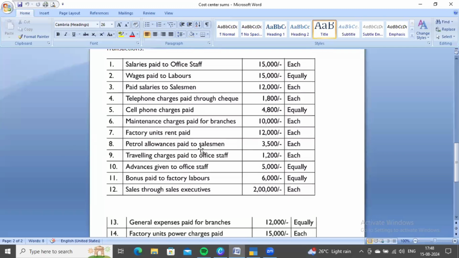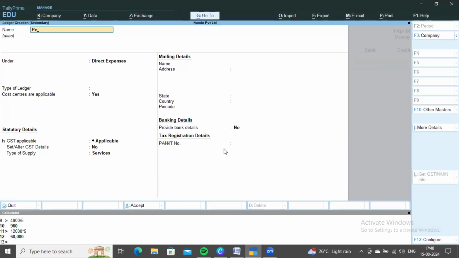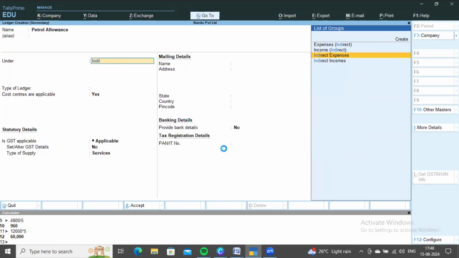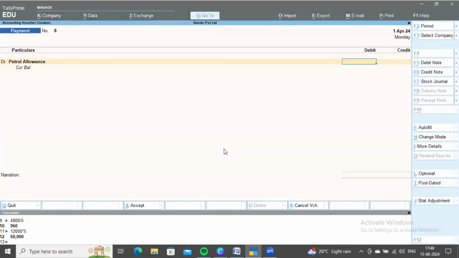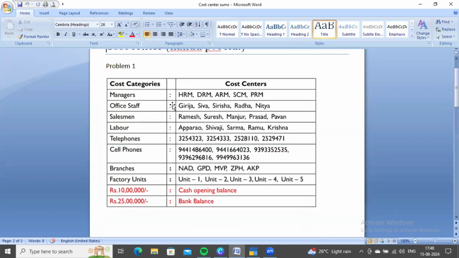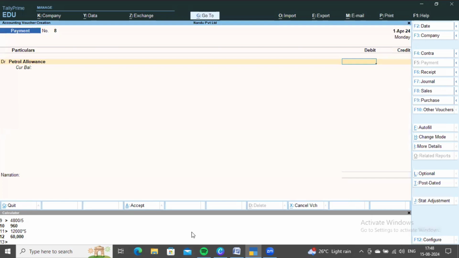Next, petrol allowance paid to salesman. Here you need to create petrol allowance. It's nothing but indirect expenses. How much? 3,500 each. So there are 5 members under salesman category and you are paying 3,500 each.